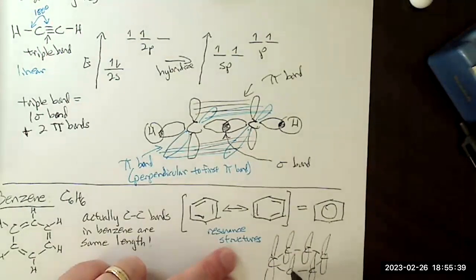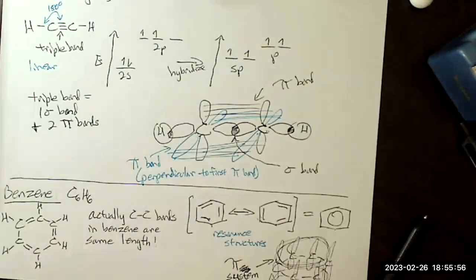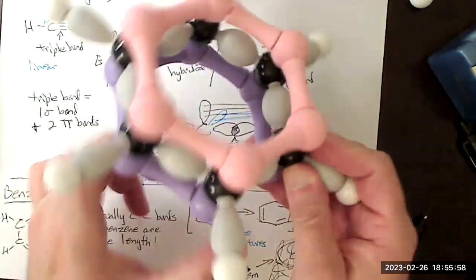So one p orbital for each carbon. And then we have now a pi system. And so it looks something like this.